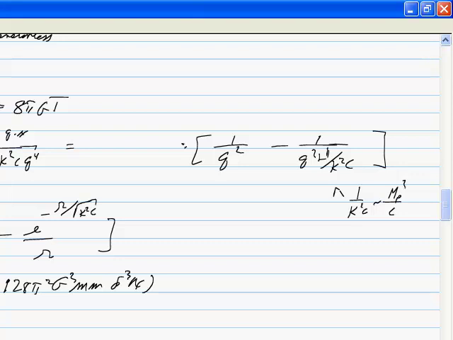If c is of order 1, dimensionless, so that's the natural assumption, then this square root of kappa squared c is 10 to the minus 35 meters. Meters.